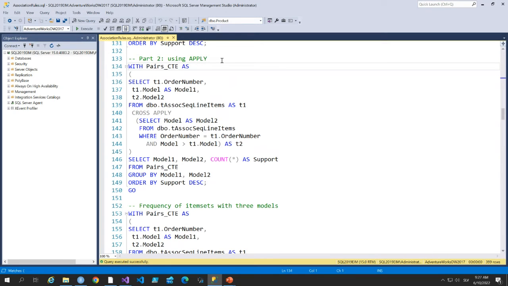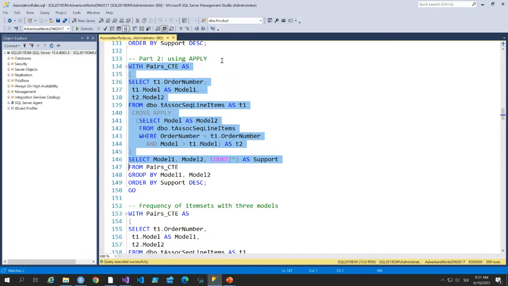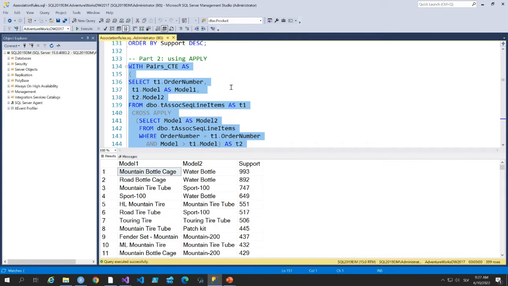Now I will express the same query with apply instead of with the join, and get completely the same result. Now, which one would you prefer to use, join or apply? In this case, I would definitely go with apply because I think the query is a little bit more readable.